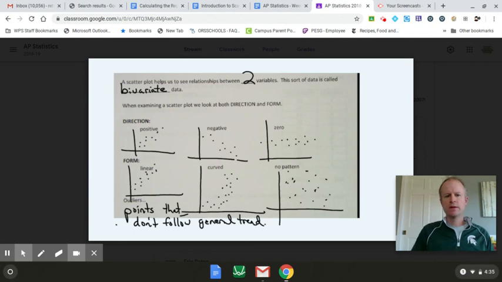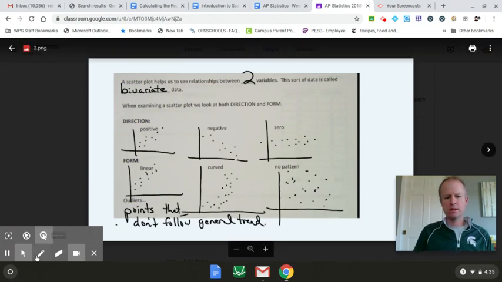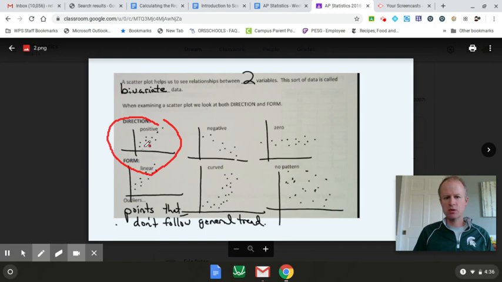If we have a scatter plot that has a positive direction, you can see this first one right here has a positive direction because as I go to the right, the dots in general are getting larger. A negative direction is this next one, and as you go to the right in general, the dots are going down.